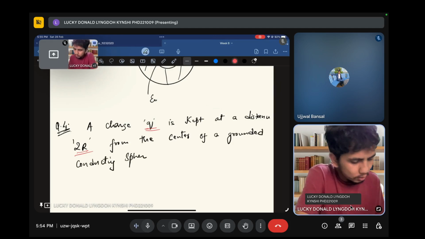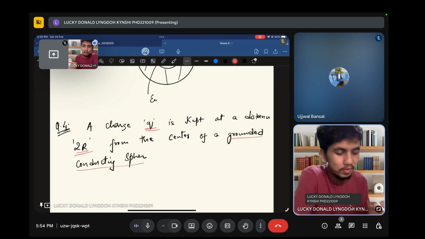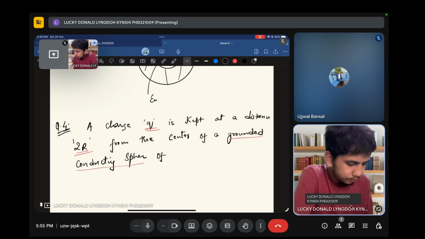Remember, this grounded conducting sphere is very, very important. Okay, it's different from whatever you have seen, but it is a grounded conducting sphere of radius r.